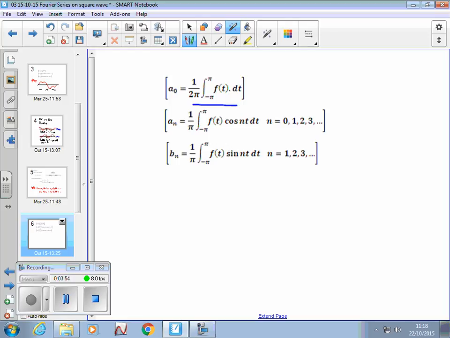And if you remember back to our integration techniques, the average is found by integrating over a particular period, between pi and minus pi for example, then dividing by the period to get the average value. So this is what we're going to do. We're going to find A0 and then A1, A2, A3 and so on, and B1, B2, B3 and so on for this square wave. And in the next video we'll go through that example.